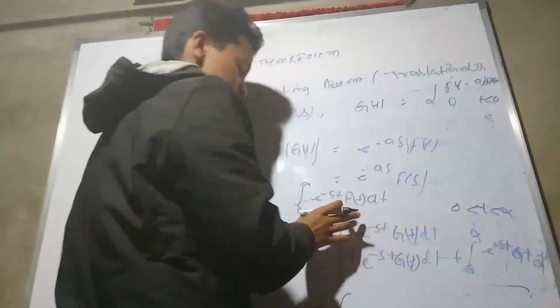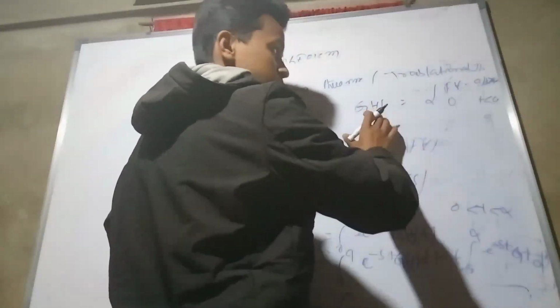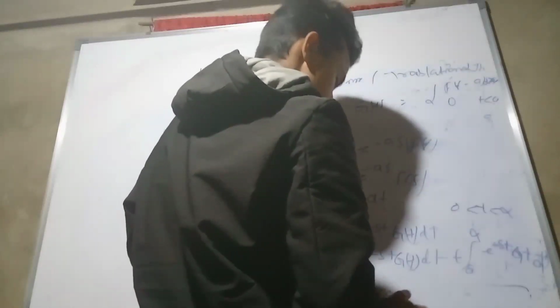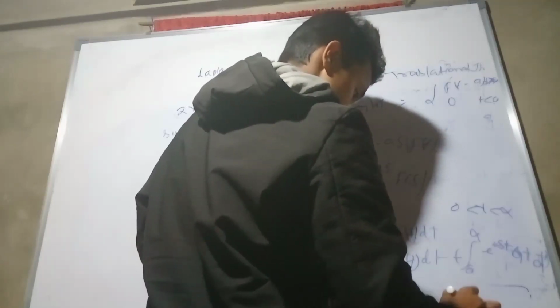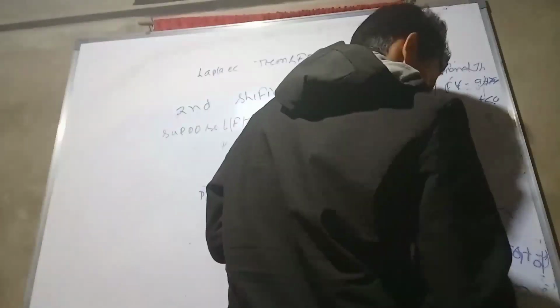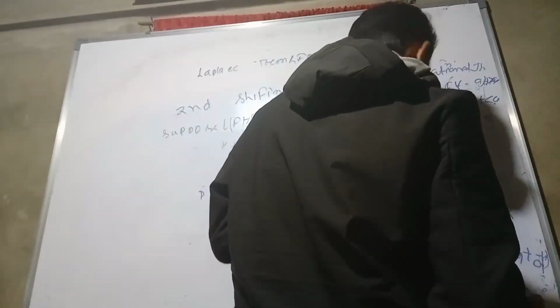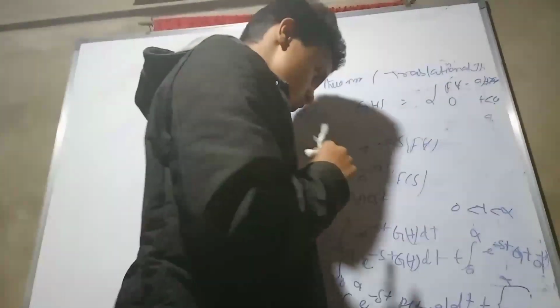Now we have the integral from 0 to a, where t is less than a, and here g of t is 0. For t greater than a, we have the integral from a to infinity of e to the power minus s t times f of t minus a dt.